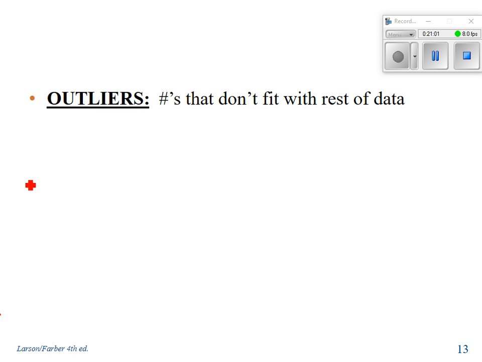Outliers. Did we have any outliers on that? 78. 78 problem. And we're gonna figure out a way later on in the year to tell for sure if that number is an outlier. Alright, there's a certain formula that tells you, is this an outlier or is it just a low score?